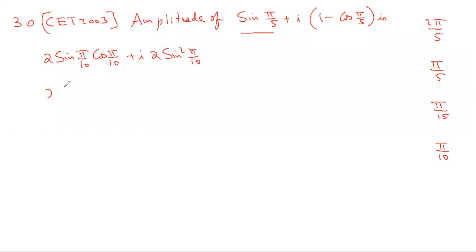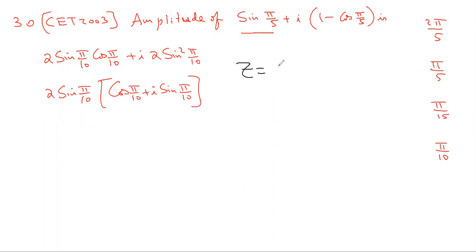If you take 2 sin pi by 10 common, this becomes cos pi by 10 plus i sin pi by 10. So now you can compare this with r cos theta plus i sin theta.